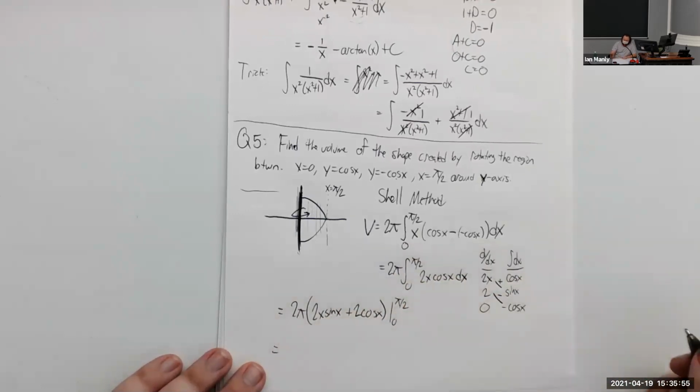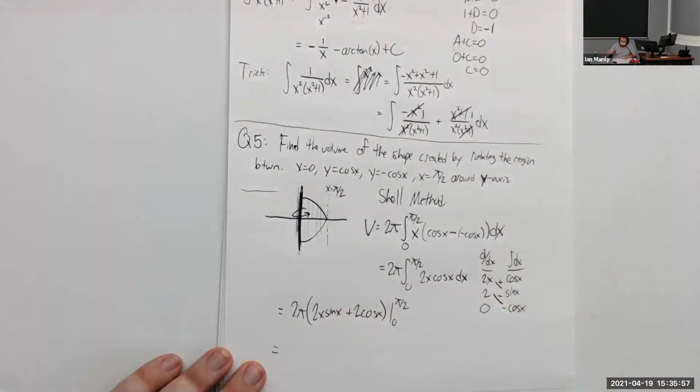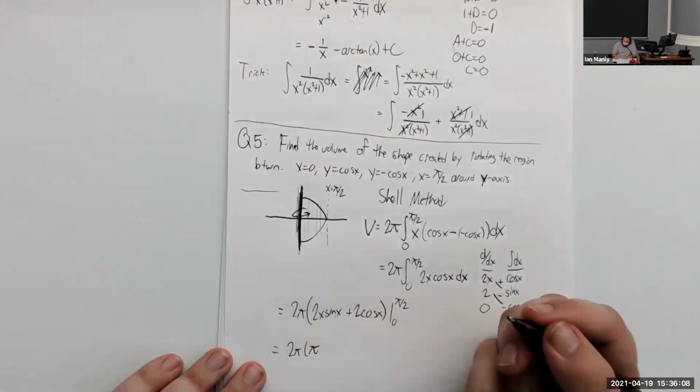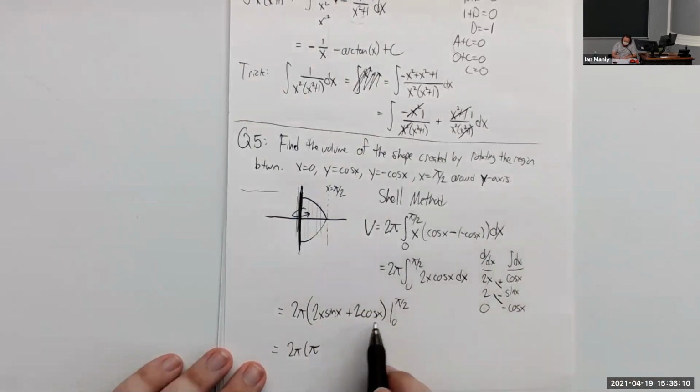Now we just need to plug in the numbers. I plug pi over 2 into here: sine of pi over 2 is 1, and pi over 2 times 2 is pi. So I have pi there. I plug pi over 2 into cosine, I get 0. Then I plug 0 into here, I get 0.